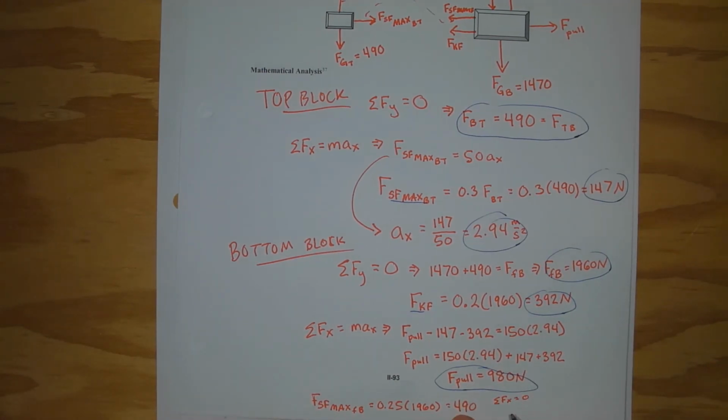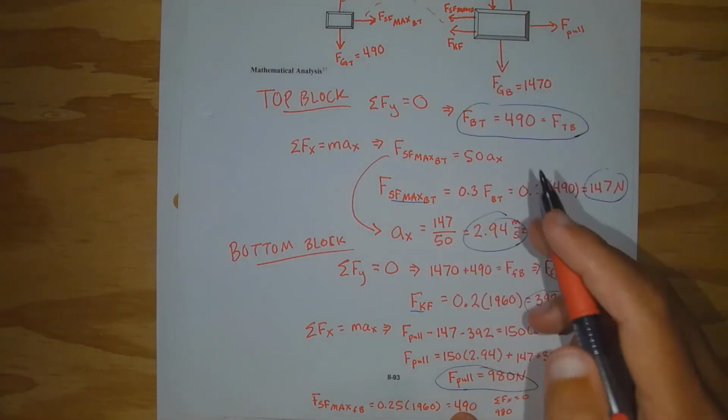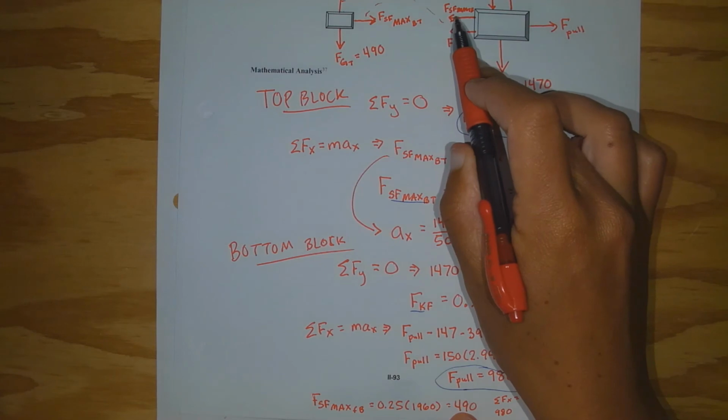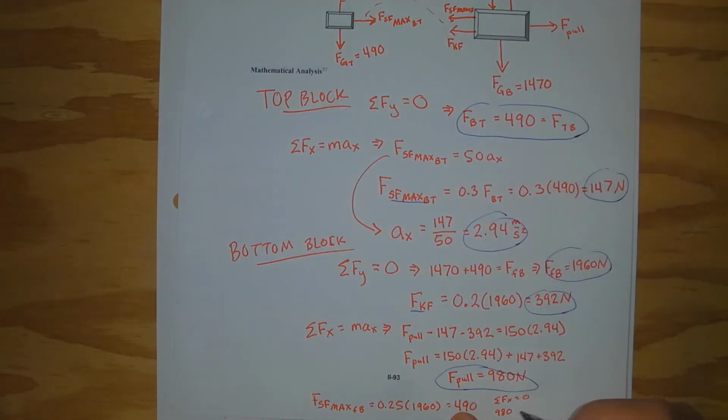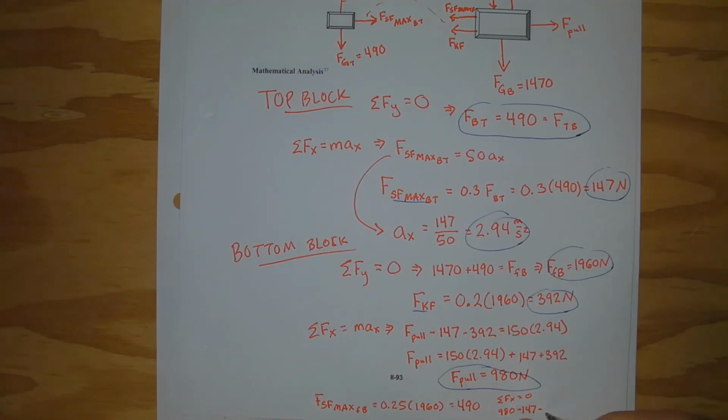You have the force of the pull, which we said was 980 newtons, minus this force of static friction between the top block and the bottom block, which is 147, minus the maximum value for the force of static friction, which is 490. But because 980 is greater than 147 plus 490, you will still end up with a net force this way.